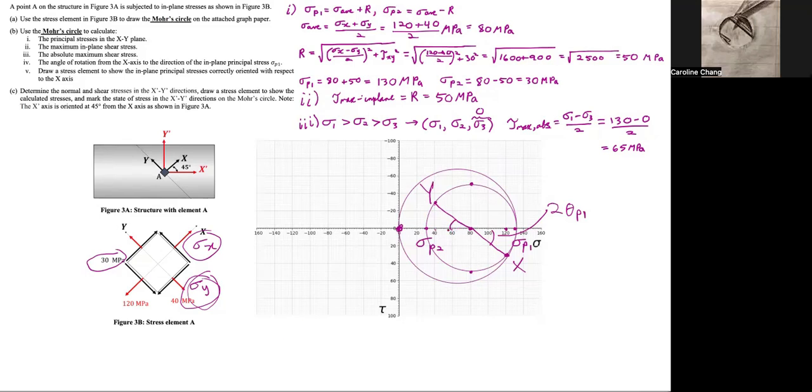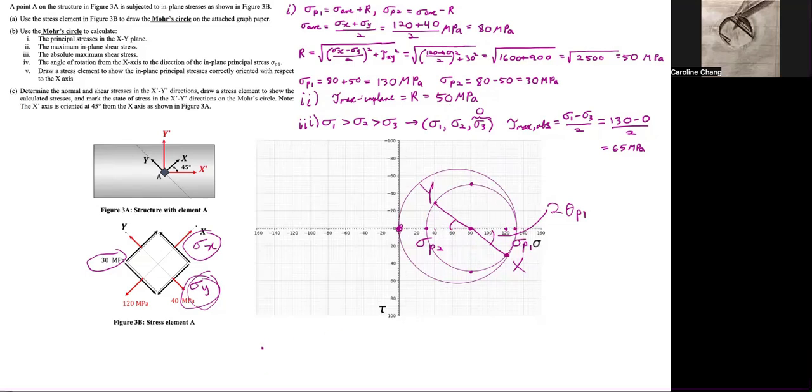If we use tangent, we will have to use opposite over adjacent, which is the shear force over the sigma x. If we use our sine value, we can simply use opposite over hypotenuse, which is going to be our shear value over the R value.